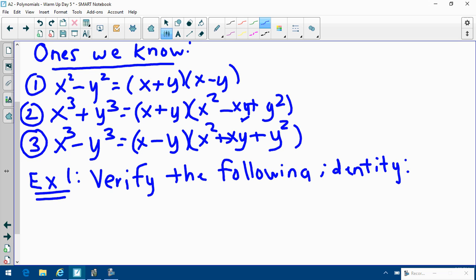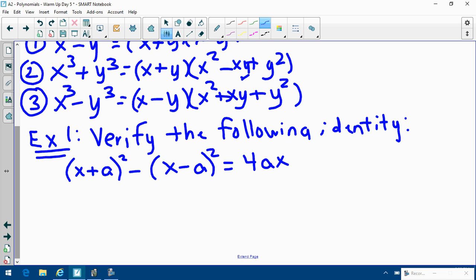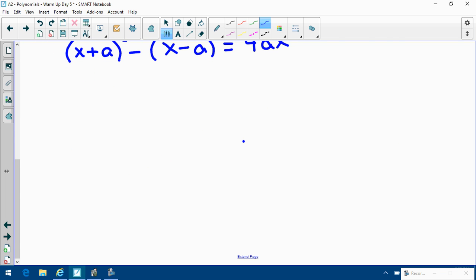And the identity that we're going to do is x plus a squared minus x minus a squared equals 4ax, sorry. So these questions are kind of easy just because if it says verify the identity, that means it's supposed to be true. So this should be a true statement.